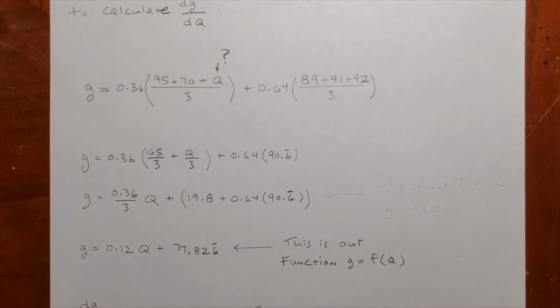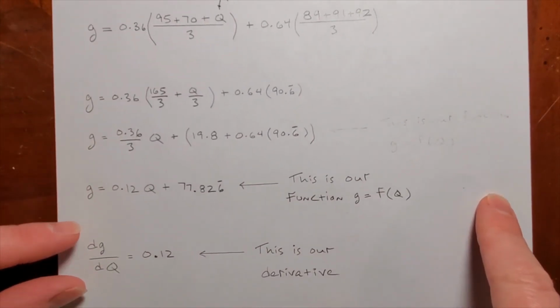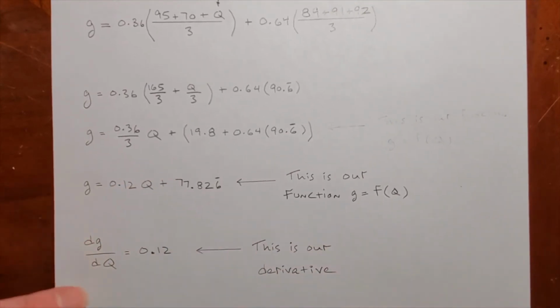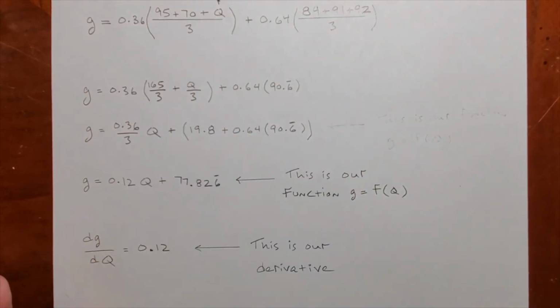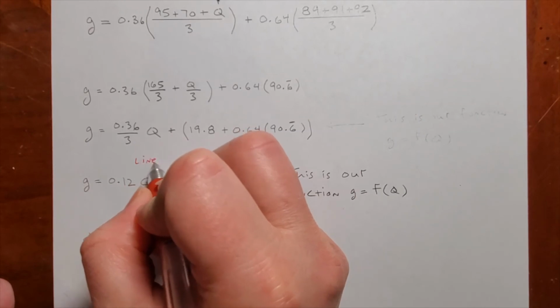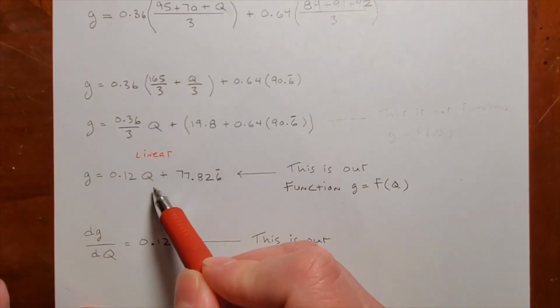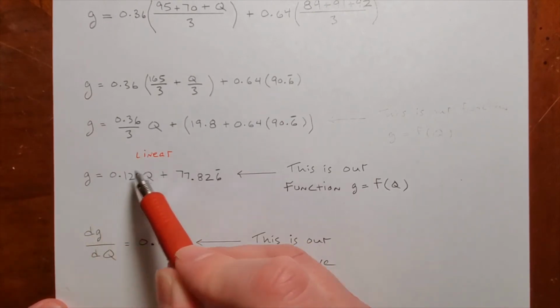Okay. Now, once you have this function, what's the derivative? The derivative is the derivative of that formula with the rules that are applicable. And this is, again, linear. Okay? This is a linear function. If you plotted your last quiz versus your overall grade, all the possibilities would lie in a straight line.